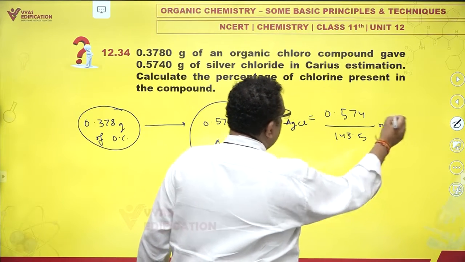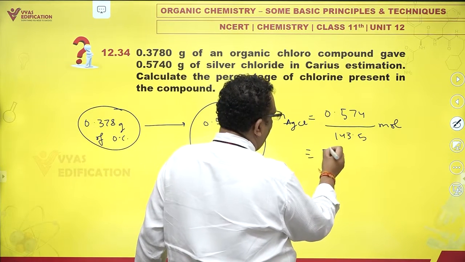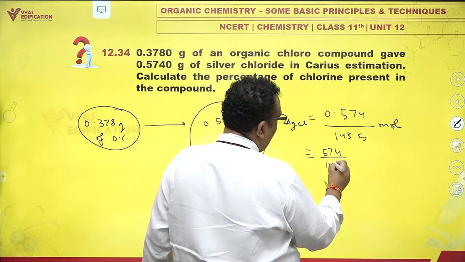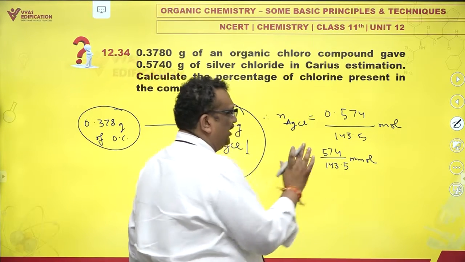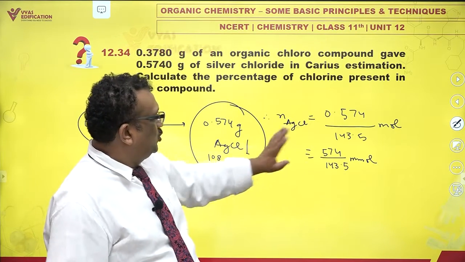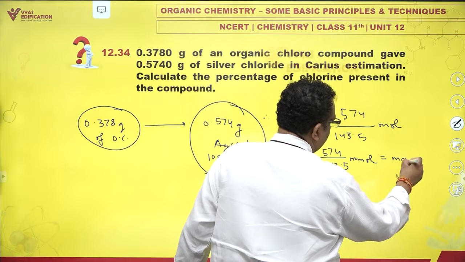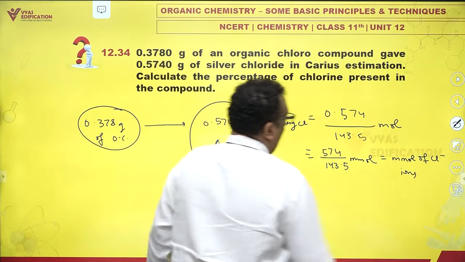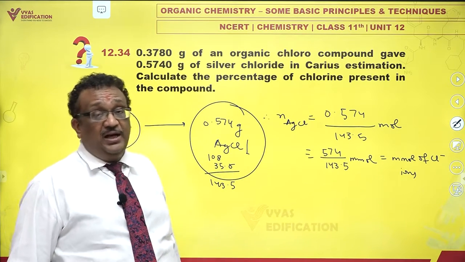So many moles of AgCl, or 574 upon 143.5 millimoles. Just to make the numbers look more humane, so many millimoles of AgCl, and this is equal to millimoles of chloride ions or even chlorine atoms.